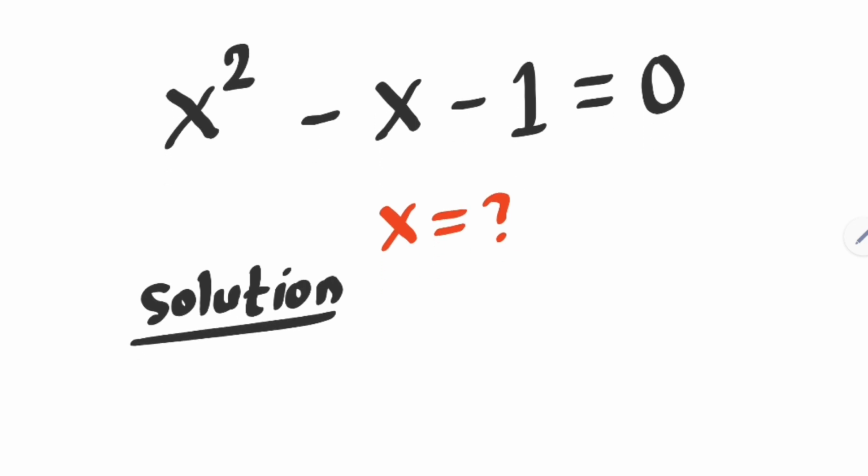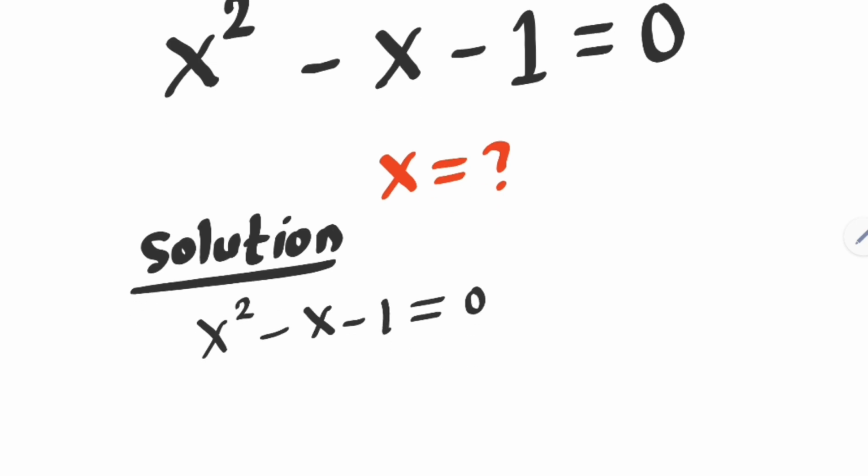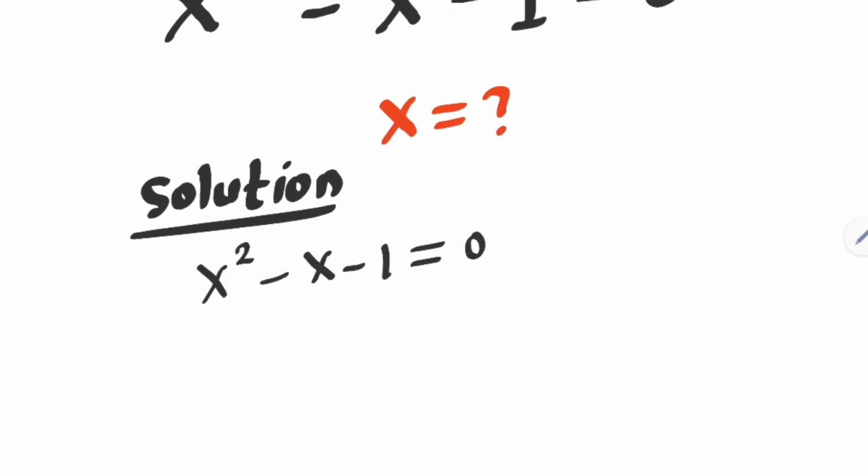The given equation is s squared minus s minus 1 is equal to 0. Let us solve this using the quadratic general formula because this is a quadratic equation.